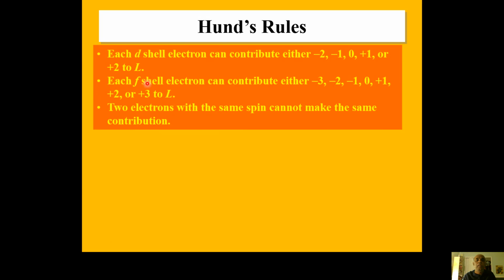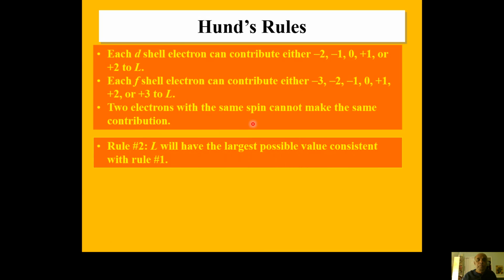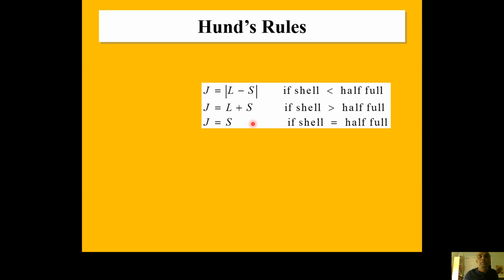If you have an F shell, SPDF, that is 3, so it will go from -3 to +3. Two electrons with the same spin cannot make the same contribution. So that's number 2.